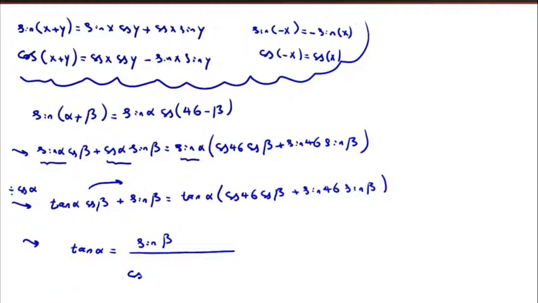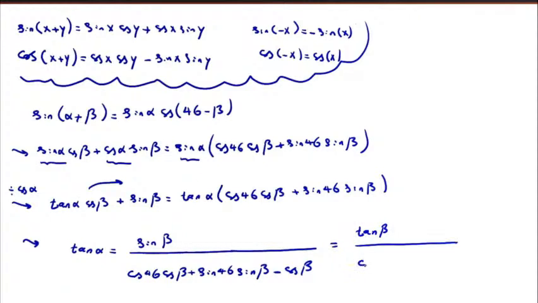It will be cos 46 cos beta plus sine 46 sine beta minus cos beta. Now, let's divide both numerator and denominator by cos beta. It will be tangent beta. We want to work with tangent. Here, it will be cos 46, here it will be plus sine 46 tangent beta, minus 1.